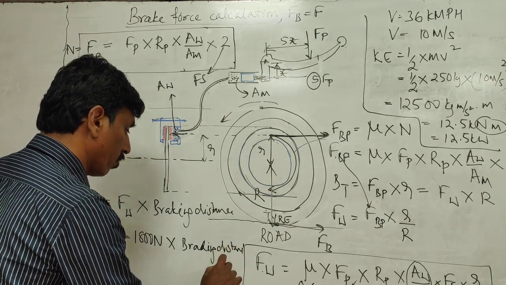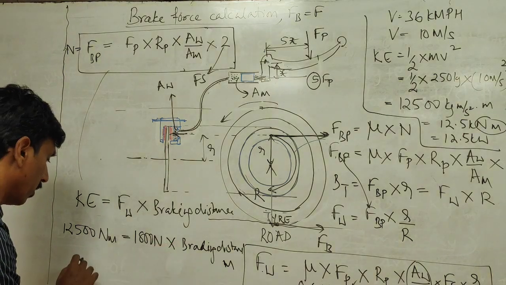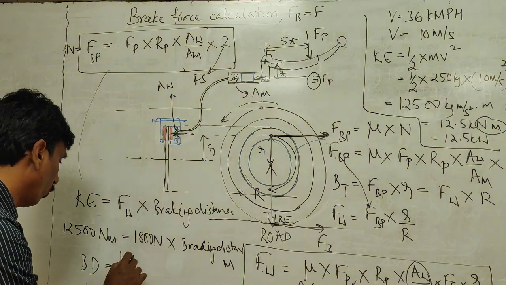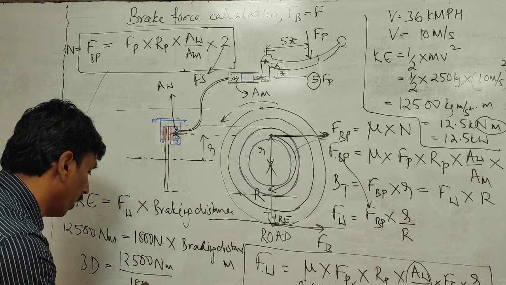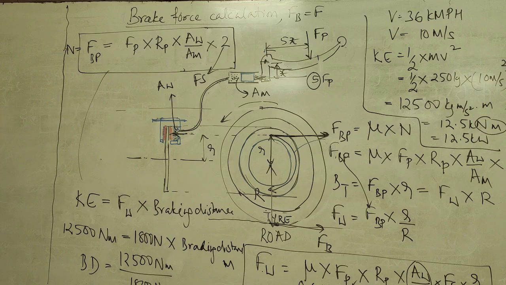The braking distance has to be in meters. So braking distance BD is equal to 12500 Newton meter divided by 1800 newtons. Can you tell me how much it will be?